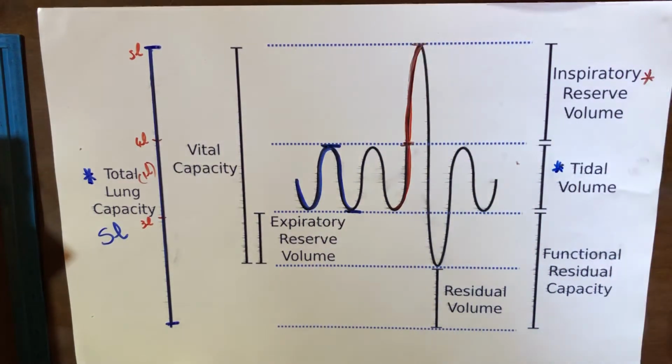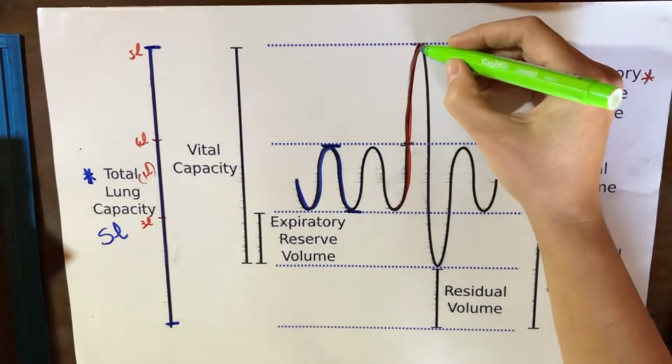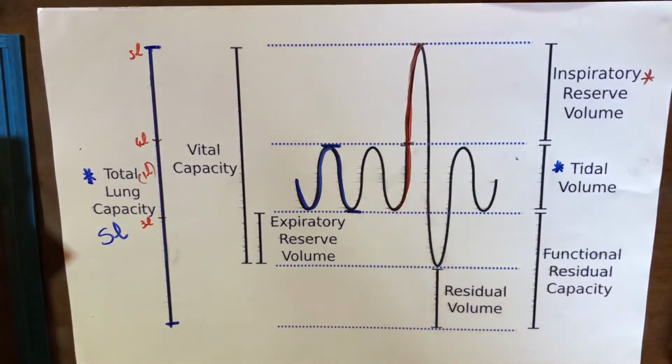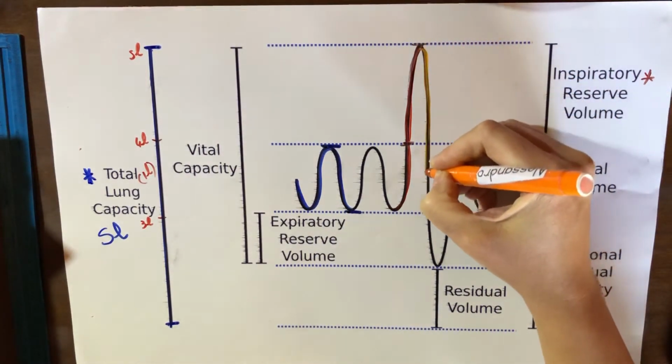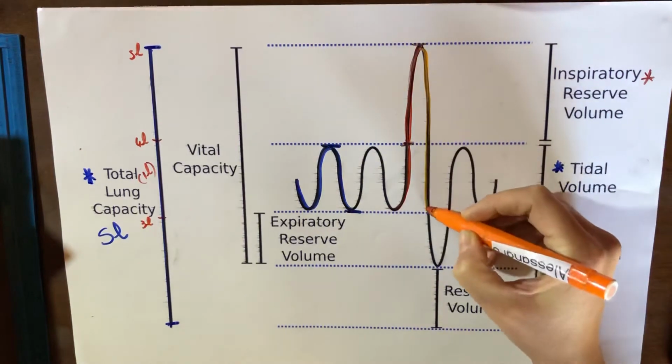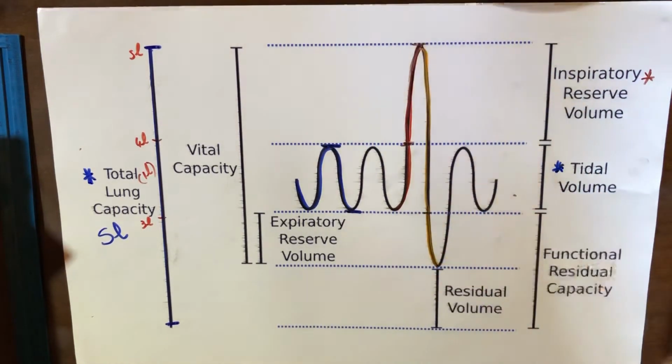Okay, then same concept, once we have exhaled, so we now start to exhale. Oh, that pen's dead. We'll use a different pen. Let's use orange. Okay, so we've exhaled. We then can exhale almost like if we've finished exhaling, we can then breathe out that last breath.